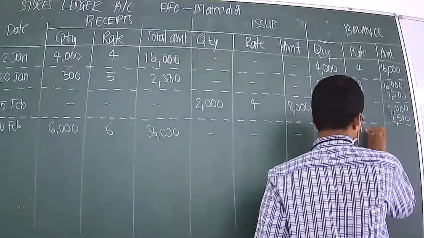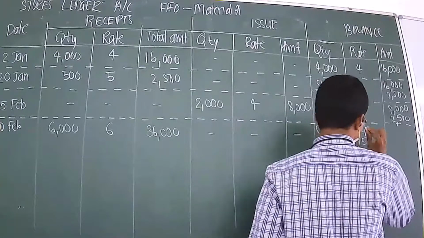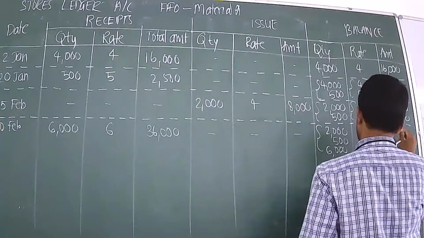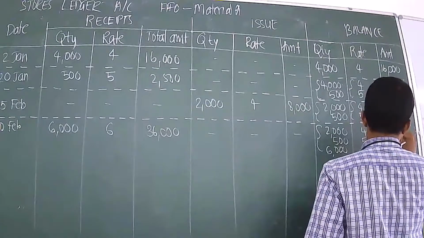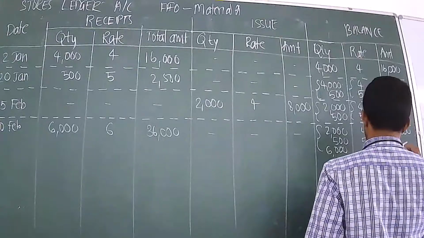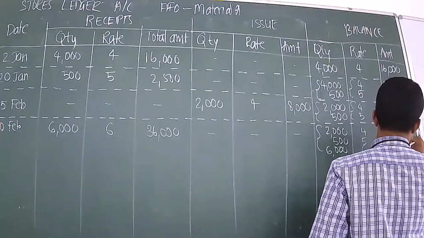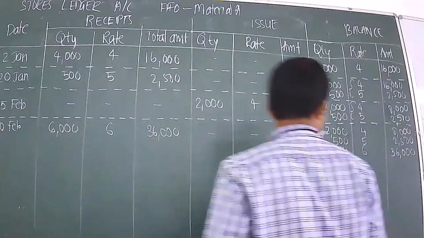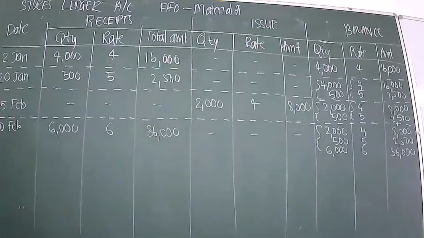First batch you bought at 4 rupees, second batch at 5 rupees, next batch at 6 rupees. Now let's calculate the cost. So 8,000, then 2,500, then 36,000. That was your balance.